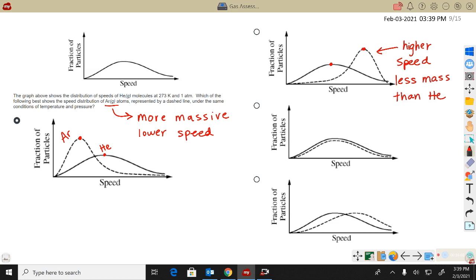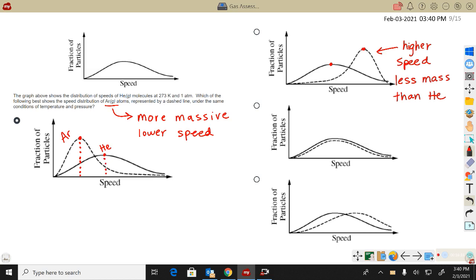Okay, so argon would be a more massive gas. So on average, the argon gas should travel slower. It should travel at a lower average speed. So I want something like this first graph, where if I go to the peak, this argon would translate to a lower speed. It's a heavier gas.